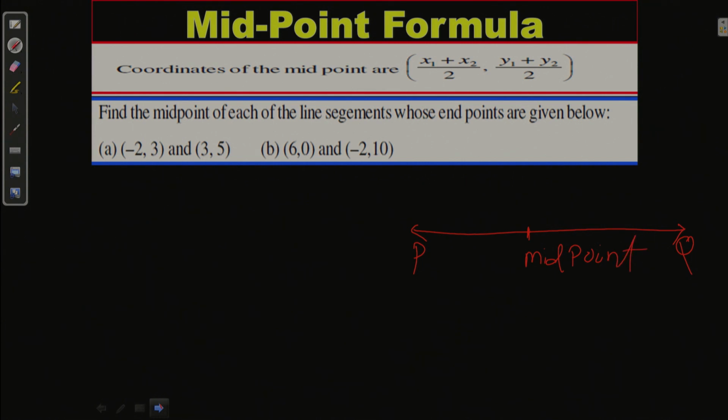Then what will be its coordinate? Suppose its coordinate is x and y, what will be the value of x and the value of y? That is known as the midpoint formula.